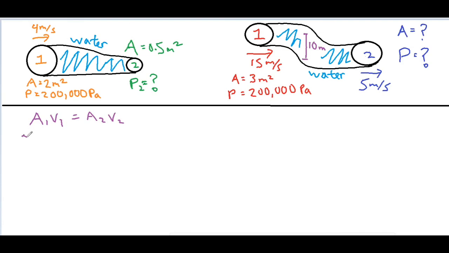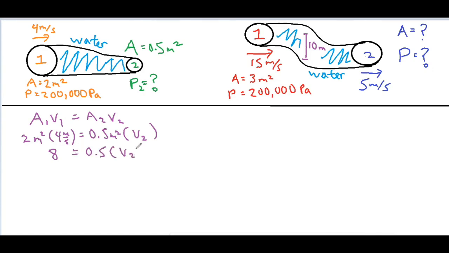We have an area of 2 meters squared for that first opening, and the water is flowing at 4 meters per second. For our second one, the opening shrinks down, and we have an unknown velocity at our second opening. And we have 2 times 4, which is 8.